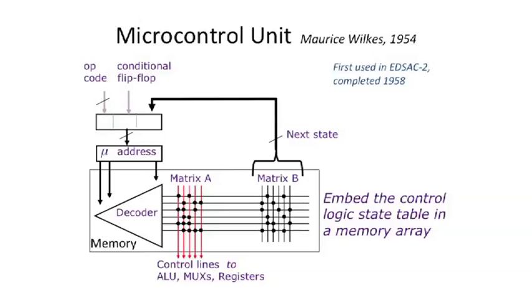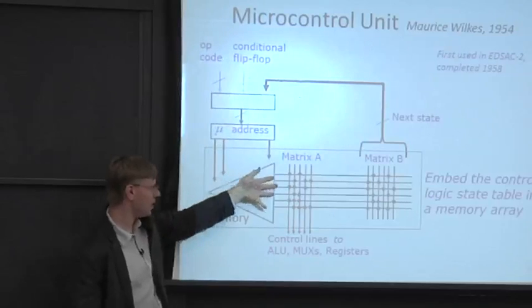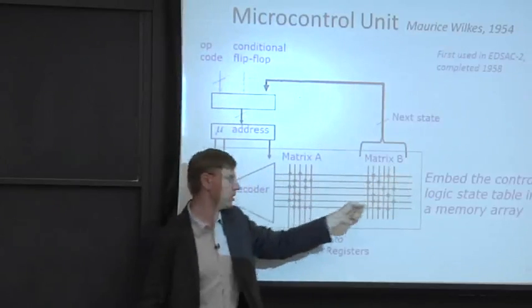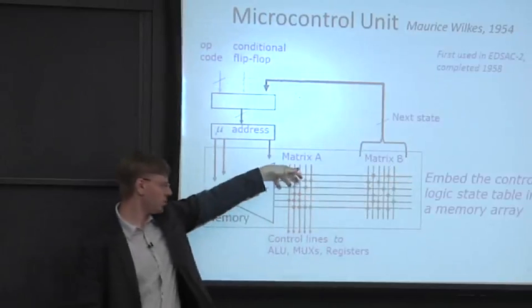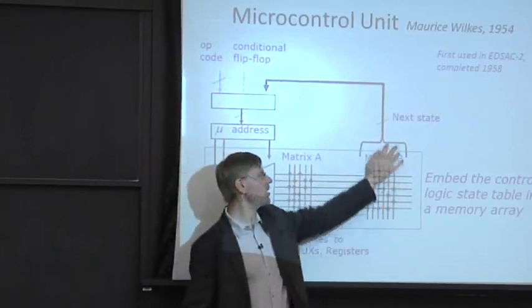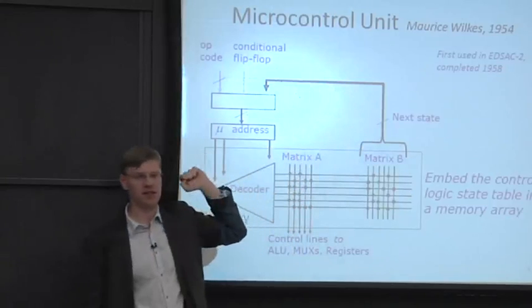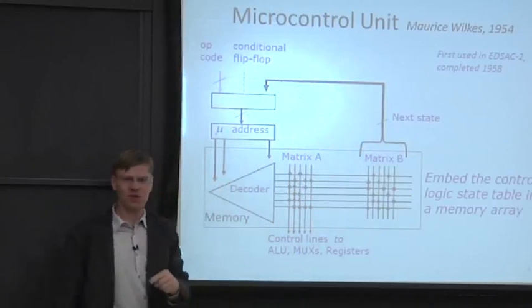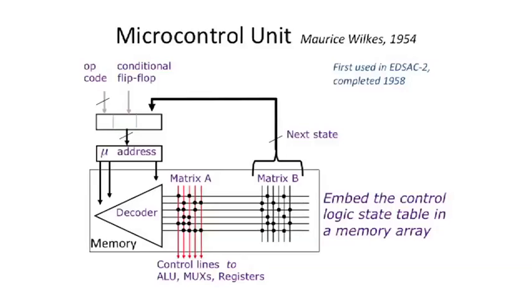So in a microcoded control unit, you're going to have a microcode address that gets decoded and lights up, in a ROM fashion, a bunch of wires. Some of those are going to turn on these control lines. And they're also going to be used in the calculation of the next state. Now, if you look at this, you can see that this actually implements something like a small finite state machine. But the one interesting thing here is that you actually have the opcode from the program coming in here.